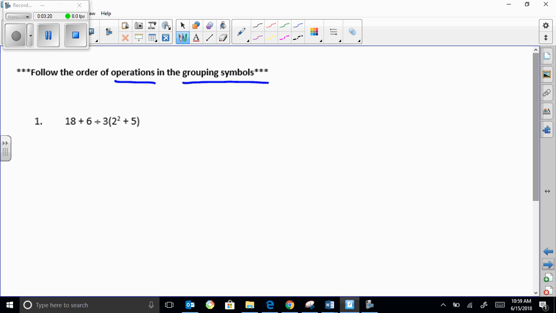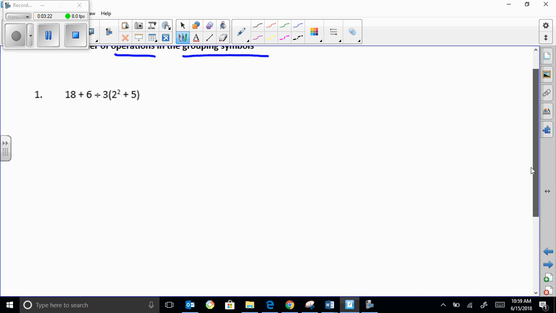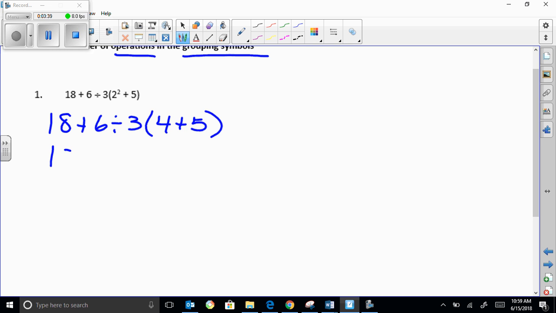So we're going to do some problems together, following our order of operations. Number 1: the first thing I'm going to do is work inside of my grouping symbol, and inside of my grouping symbol, I'm going to complete my exponent. 4 plus 5 is 9. So 18 plus 6 divided by 3 times 9.